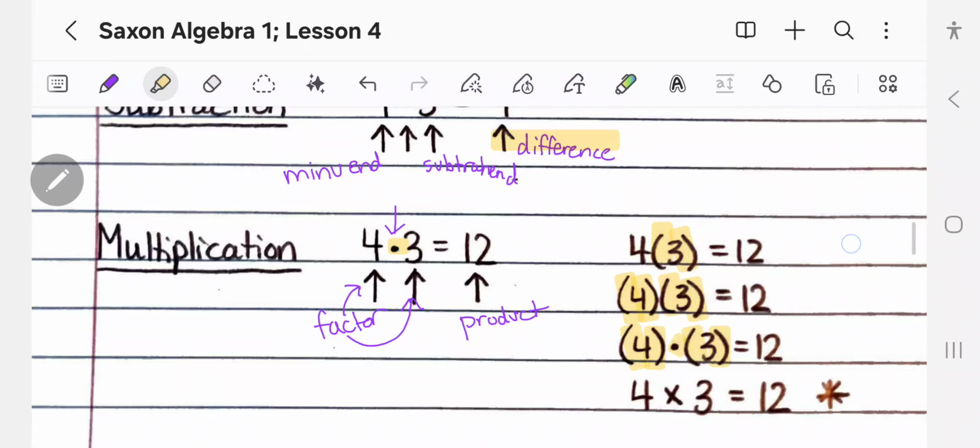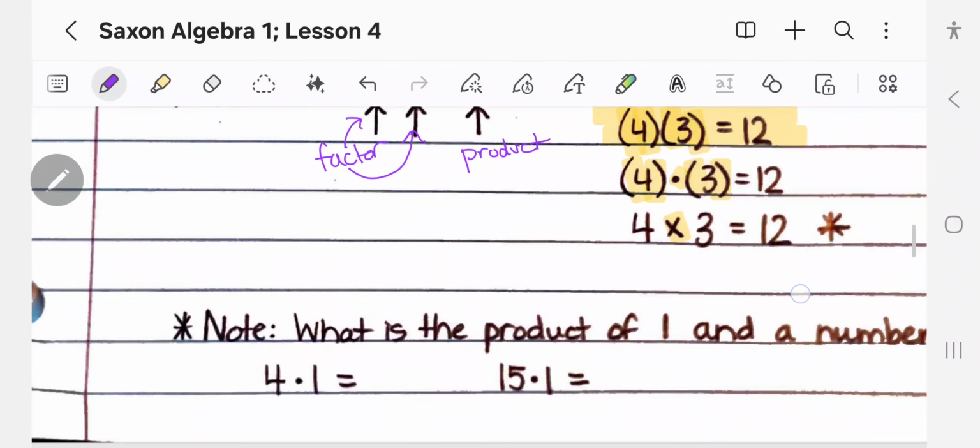Now, the way you first started multiplying, you used this x. But since we're in algebra, we're going to get away from using the x, and we're usually going to write it like this, or like this, or like this. Those are going to be the 3 most common ways that you're going to see a multiplication written.